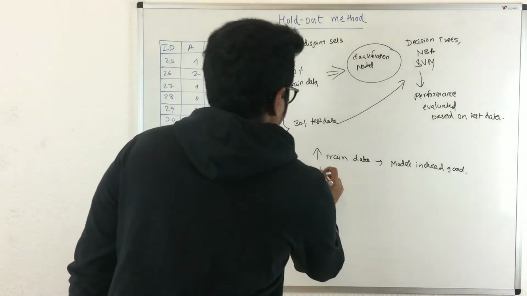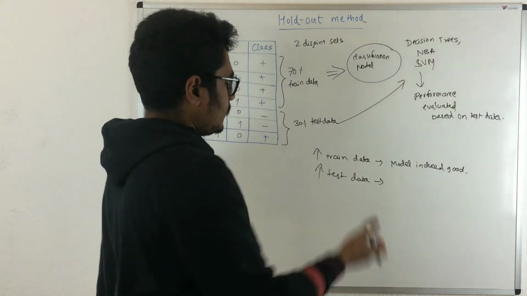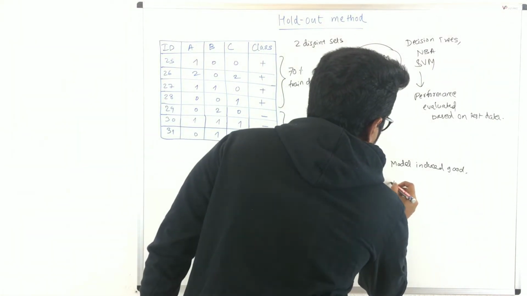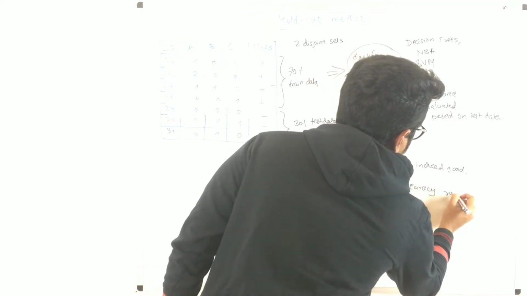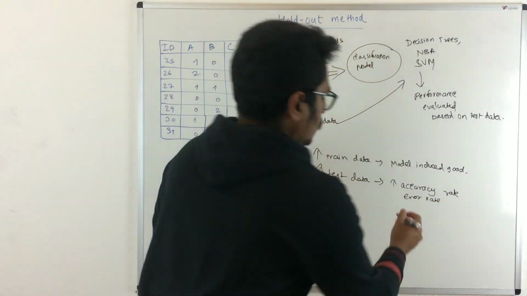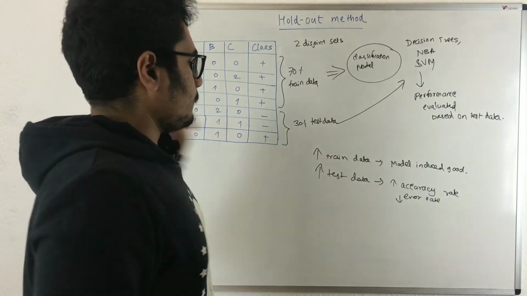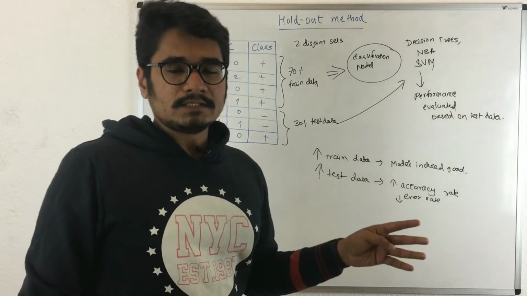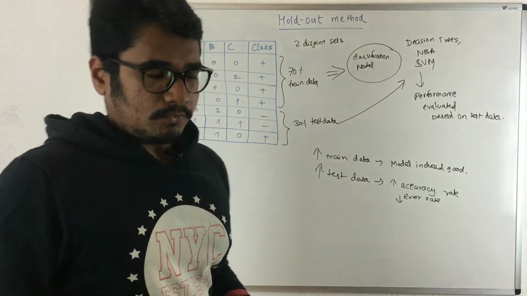Or if you take the test data more and more, then I have a higher percentage of accuracy, or the misclassification error rate is very low. So these are our two things when we consider the holdout method. We hold one data set, we have our training data set, with that we induce the model, and with the test data we evaluate the performance.